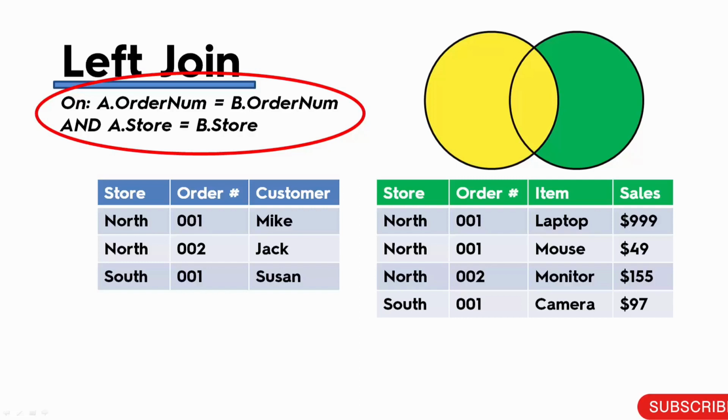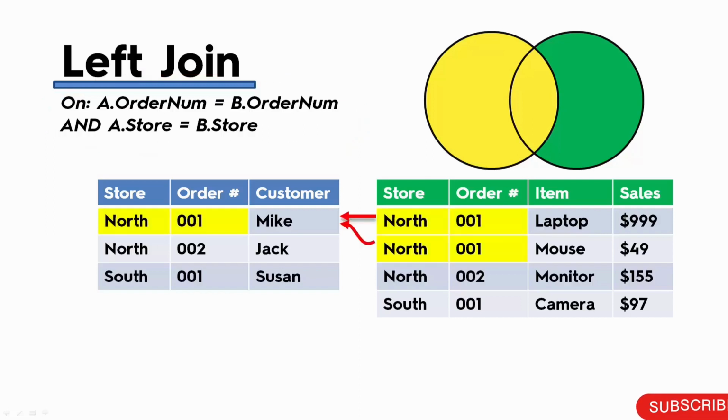Let's see how this works in fact. Here we've got the North order number 1 being matched to 2 rows in the second table. So North order number 1, which is the laptop, and North order number 1, which is the mouse. And that's correct. Next, order number 2 from the Northern store is matched to only 1 row in the second table, which is the monitor for the Northern order number 2, which is also correct.